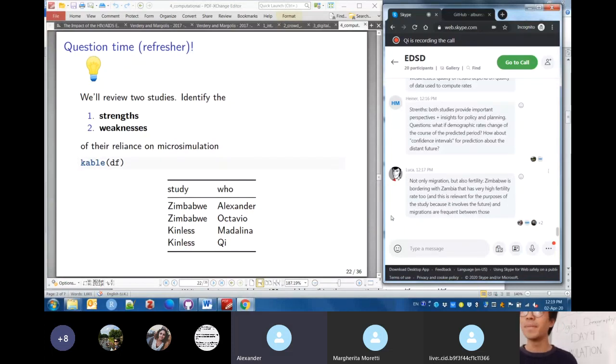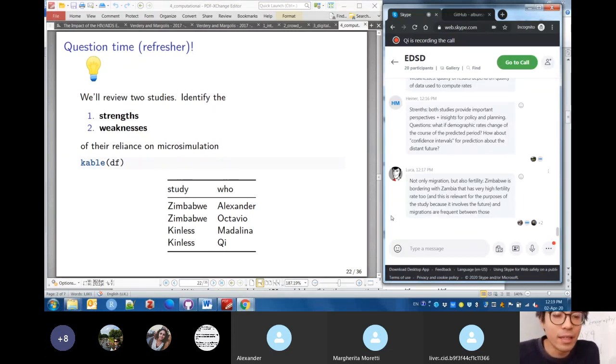Yeah, great, thanks. So indeed the Zimbabwe paper uses projections from the UN World Population Prospects. And it uses specifically the medium projection, right? As you are probably aware, the UN WPP projects multiple scenarios. The most commonly reported is the medium one, which is the most plausible one.